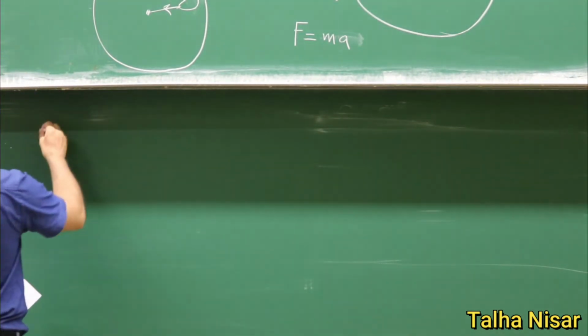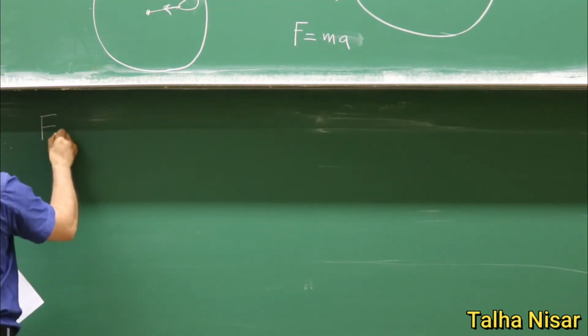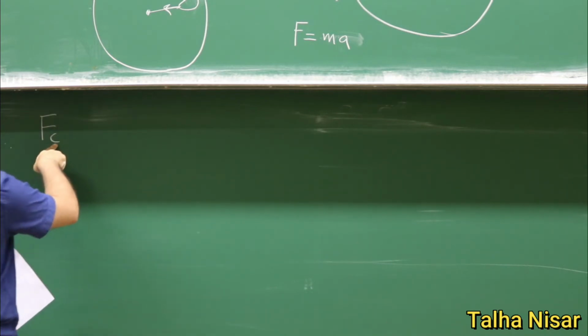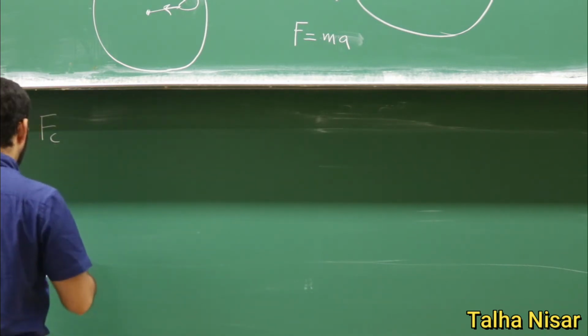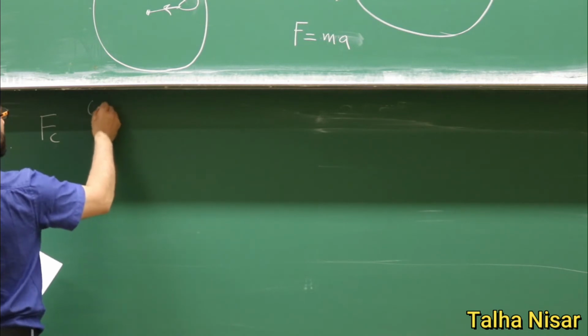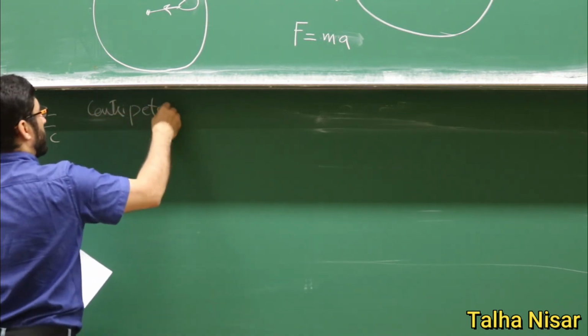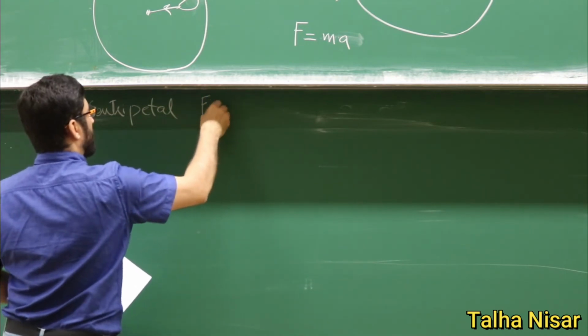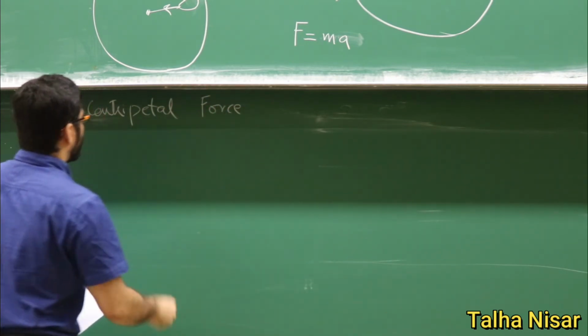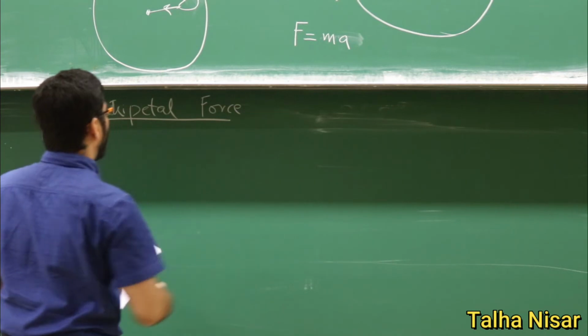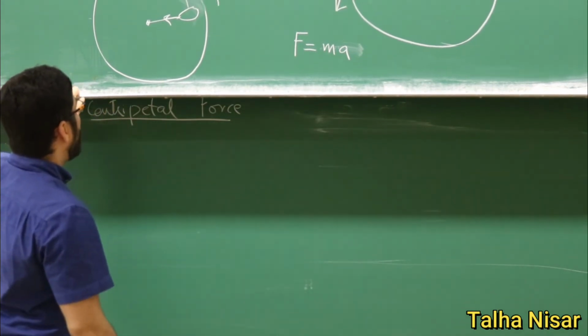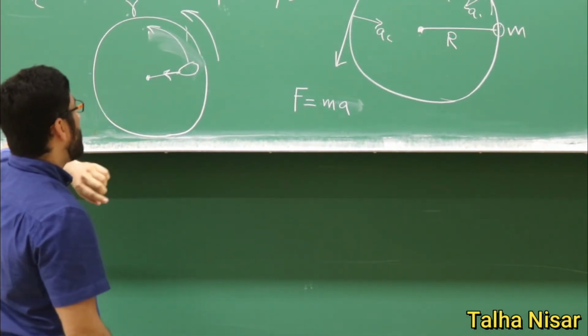We write it with a small c, F subscript c. The centripetal force is the force that keeps the object in a circular path.